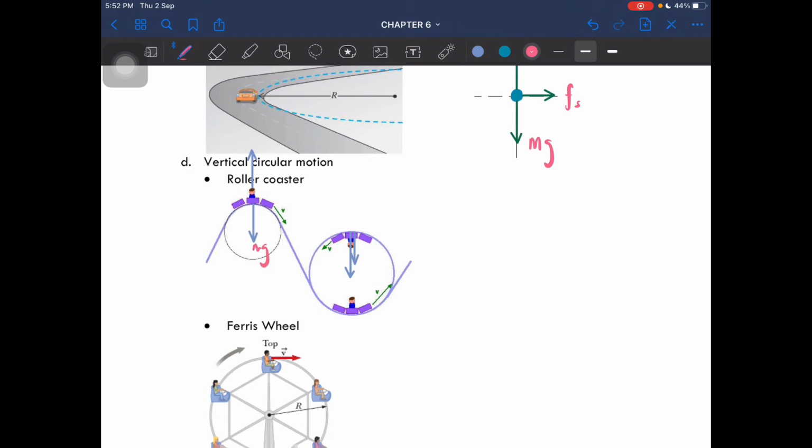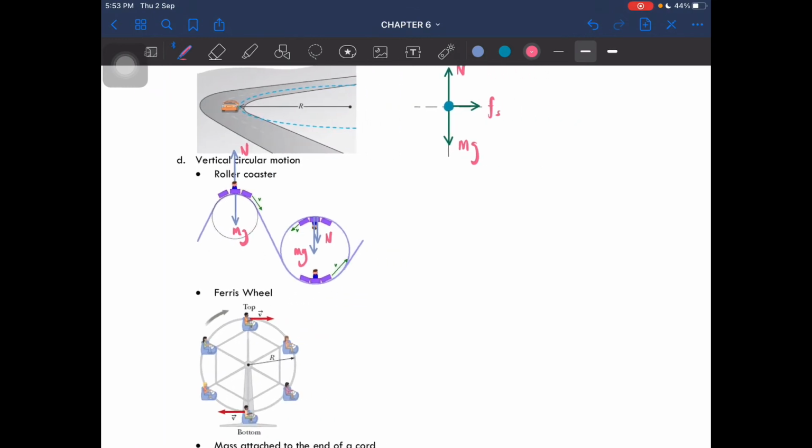So this is mg, this is the normal force and the weight. That is for the roller coaster.